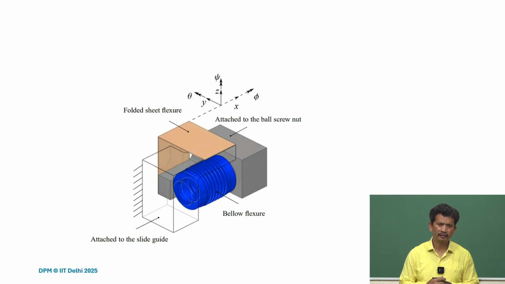For instance, if we have two stages, one is a ball screw. We thought to use a ball screw to give the linear motion. The motor will rotate, and because of the pitch in the screw, if the rotation of the nut is constrained, then it will translate. So we want to use that.